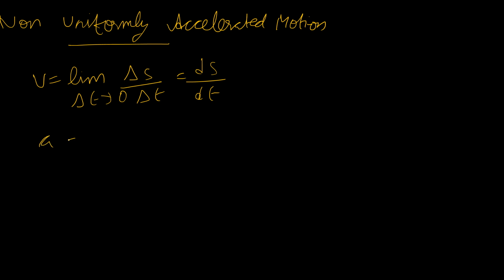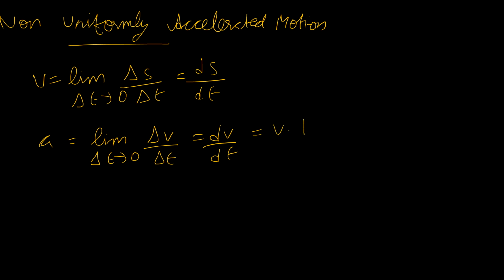Also, a equal to limit delta t tends to 0, delta v by delta t, which is equal to dv by dt, which is again equal to v into dv by ds, which is equal to d square s by dt square. That is, acceleration is second differential of displacement, which is first differential of velocity.